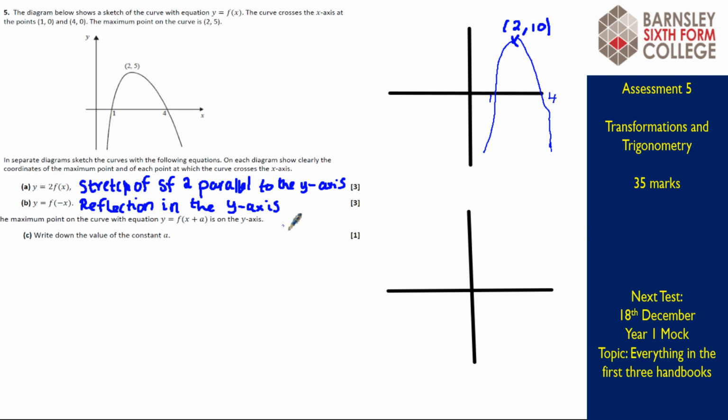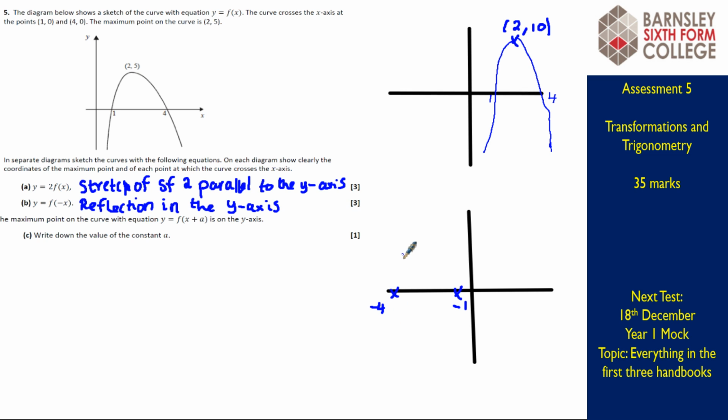In the second transformation, it's a reflection in the y-axis. The change is happening inside the bracket, so it's only the x's that are affected. So instead of 1 and 4, -1 and -4 are now your two roots.